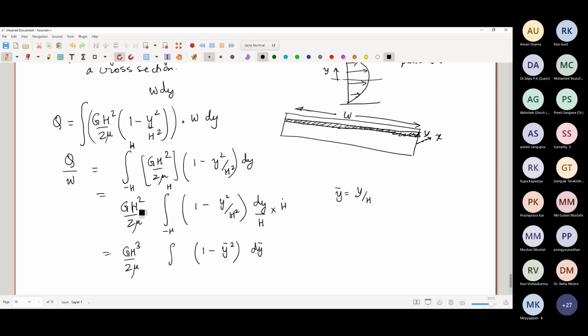The h I have absorbed over here. At y equal to h, y bar equals 1, and when y equal to minus h, y bar equals minus 1. This becomes Gh cube over 2 mu. So what is this integration equal to?